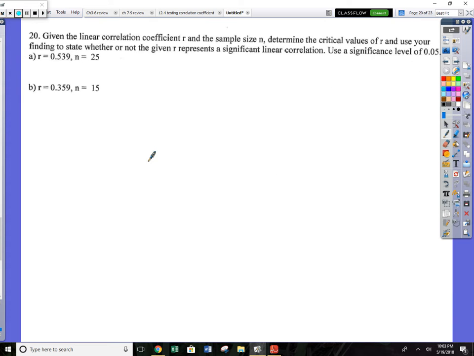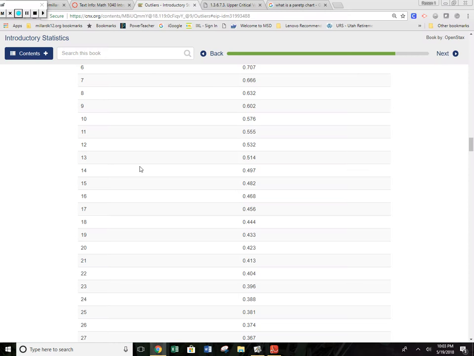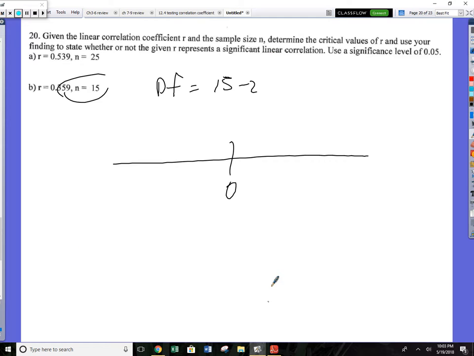Okay, B. Now you've got n is 15, so my degrees of freedom are going to be 15 minus 2, so that's 13. So I come over here on 13, 0.514. Okay, that means I'm going to go 0.514. So I guess clear out here is 1.